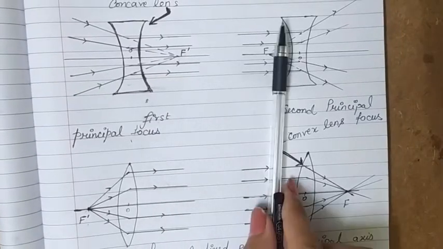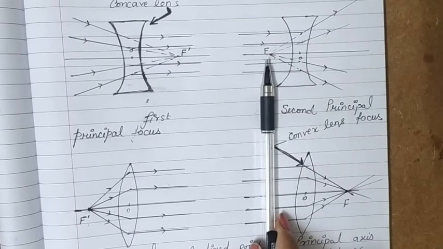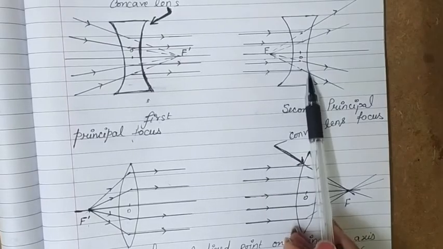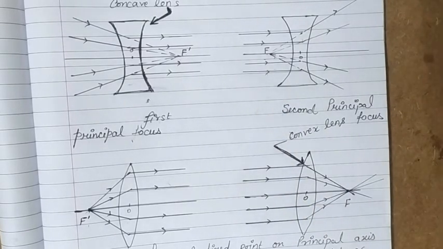Similarly, the plane that is passing through the second principal focus and perpendicular to the principal axis is called the second focal plane. Okay, so, just as focal length, the distance between the optical center and the first focus is called the first focal length, and the distance between the optical center and the second focus is called the second focal length.